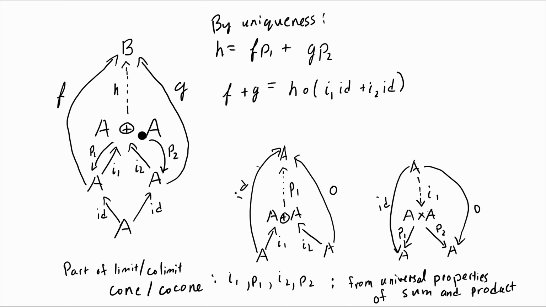So our functor is actually going to preserve that cocone and cone. The images of the projections will be projections when we move along to what the functor F will do. But before we get there, let's look here for just a moment.